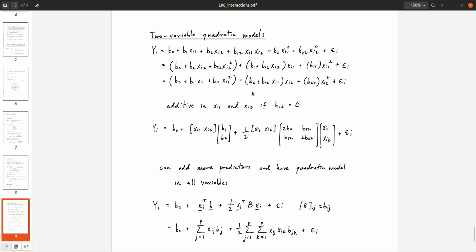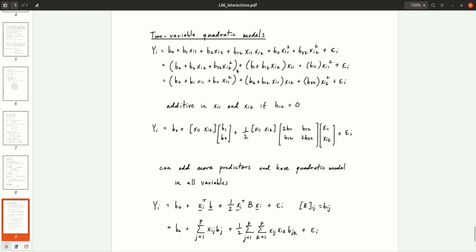We could do the same thing for xi2. So this would be the intercept in the quadratic formula for xi2. This is the linear term, and this is the quadratic term. Now I said that this is an interaction model, but if b12 is 0, then this term goes away, and we can think of this as an additive model because now the effect of xi1 is contained in b1, which tells us the linear part, and b11, which tells us the quadratic part.